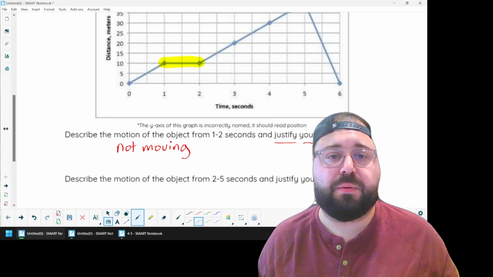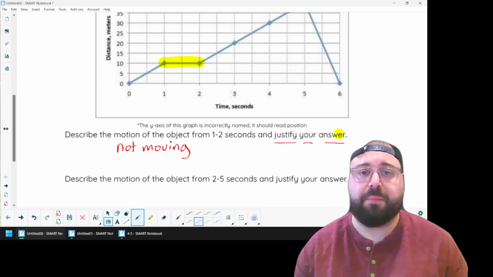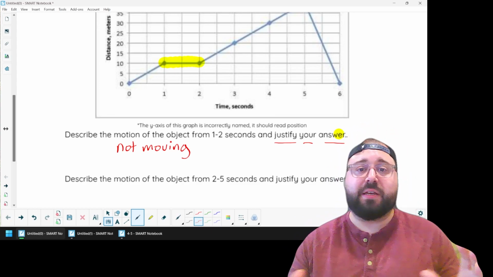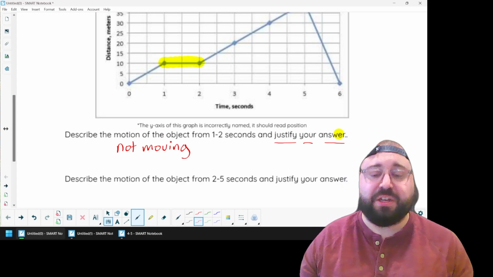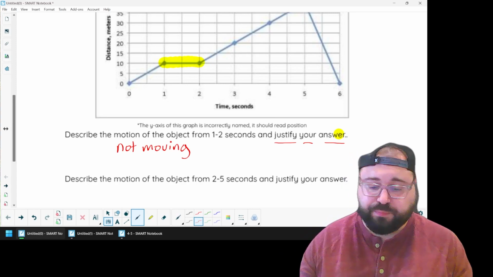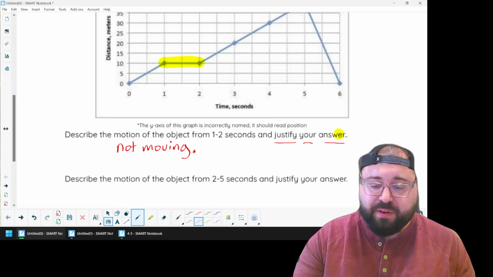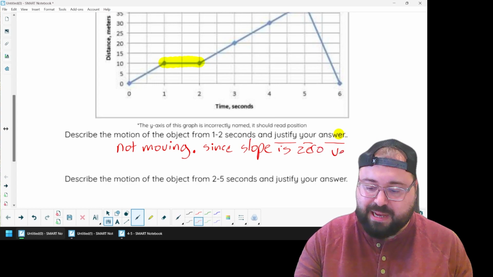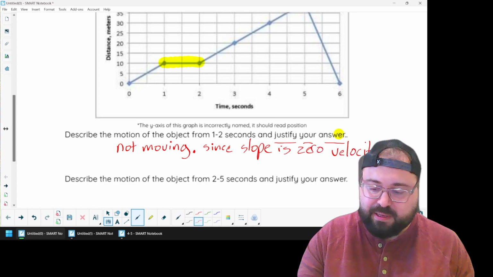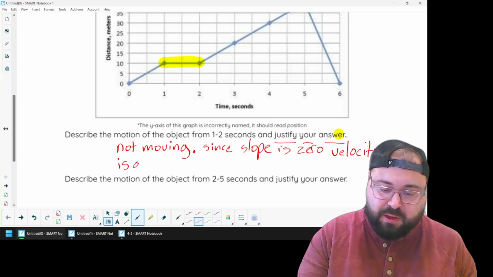This is important. When we have an assessment, that justification part is going to be worth more points than getting the answer. So you want to make sure that you can justify your answer. He's not moving, so I would say, since slope is 0, velocity is also 0.